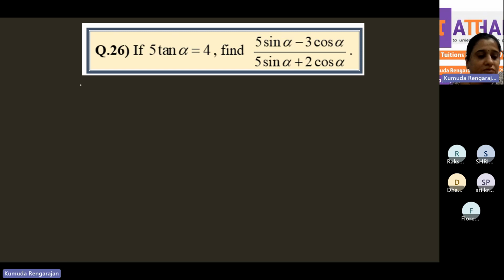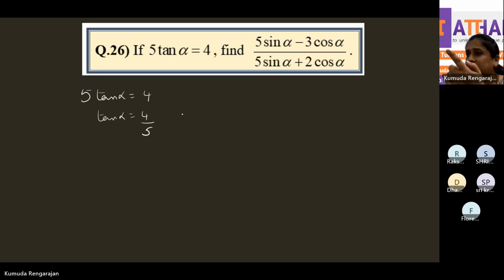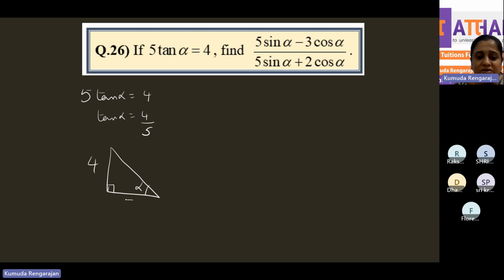Okay, so here we have 5 tan alpha is equal to 4. So what is tan alpha? 4/5. Now, one method is to use this in a right triangle. Mark this alpha. What is tan alpha? Opposite by adjacent. And then find the hypotenuse.